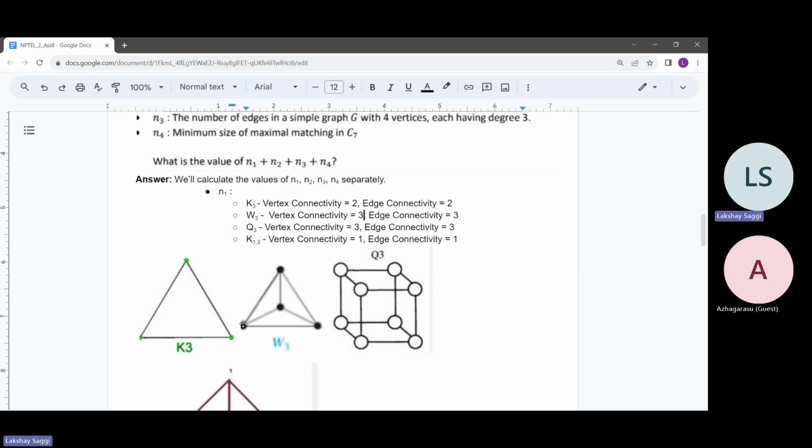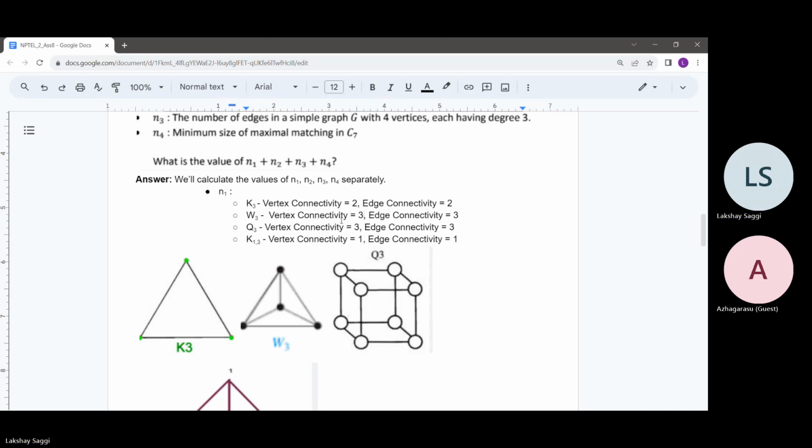In terms of the previous definition, which was in terms of disconnections only, vertex connectivity would have been 3 and 4 in K3 and W3 respectively, but that is not the correct definition. We need to take the second condition into account: if the remaining graph is a singleton vertex, then we also consider it in vertex connectivity.